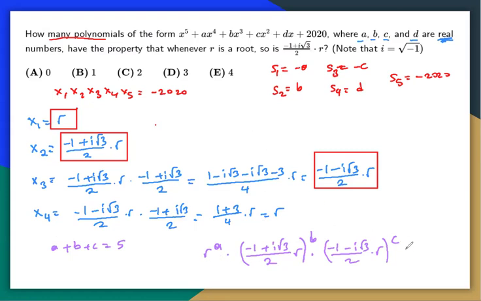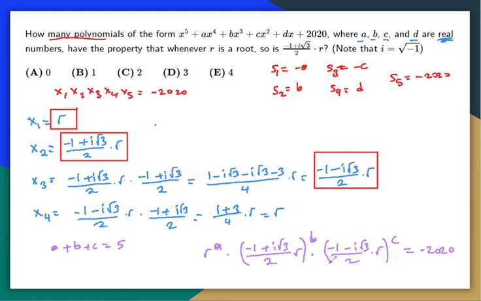When you multiply the roots this many times, you got minus 20, but that's a real number. Based on our exploration, R is the real number and the other 2 are complex. So in order for us to get a real number, this number and this number should be complex conjugates, which they actually are.